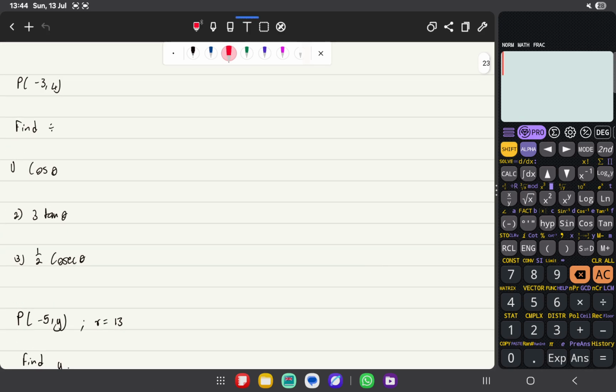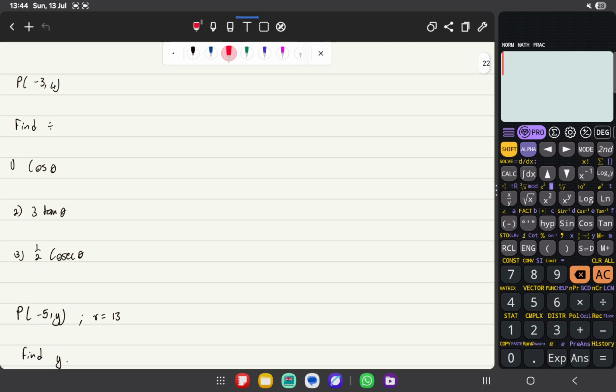So let's come here. They say we have x and we have y. They say find these three things. Say you have memorized your trigonometric ratios defined using the Cartesian plane, so you don't have to stress about them. So we continue.